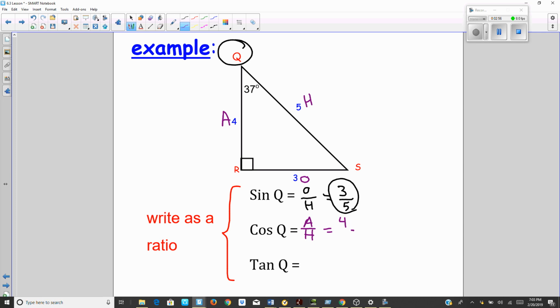And the hypotenuse is 5. And then tangent, of course, is O over A. Of course, you've done all this last year in geometry, so this is just a refresher. O is 3 and A is 4. So most of the time, we're not going to write these trig functions as fractions, but this particular case, that's what they asked to do on this problem.